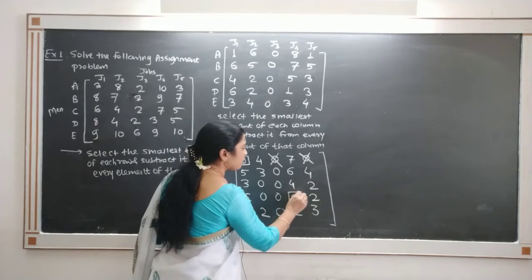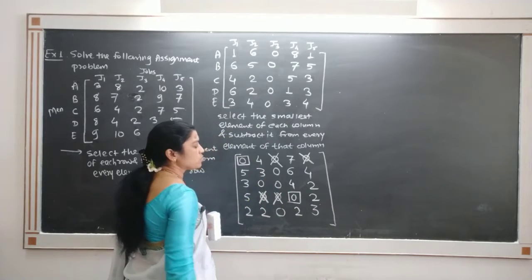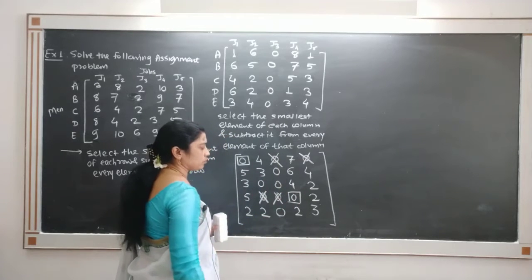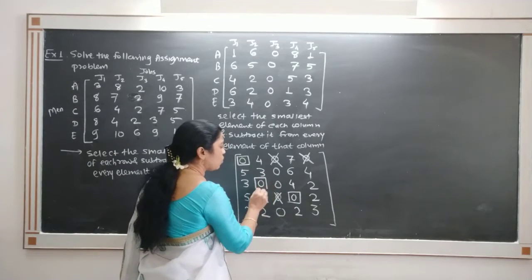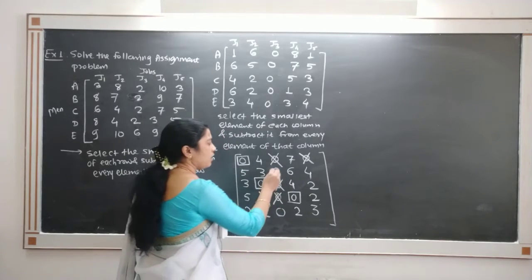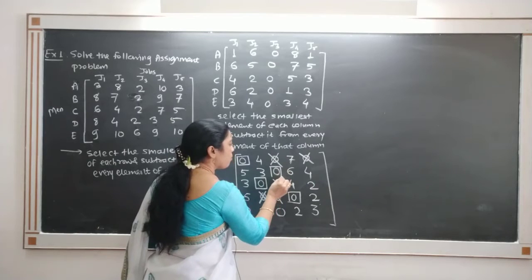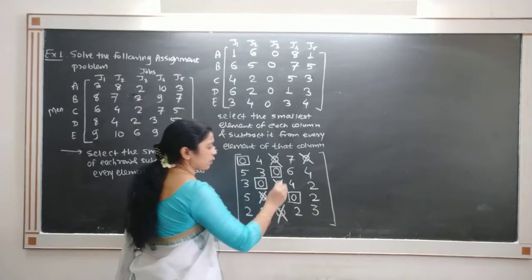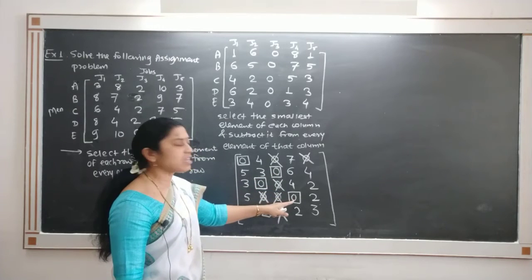So box that and strike off all other zeros in that row or column. Observe that the second column contains a single 0, so box this, cross others, and because this row contains a single 0, box this, cross the remaining. Observe that the number of assignments is 4 only.